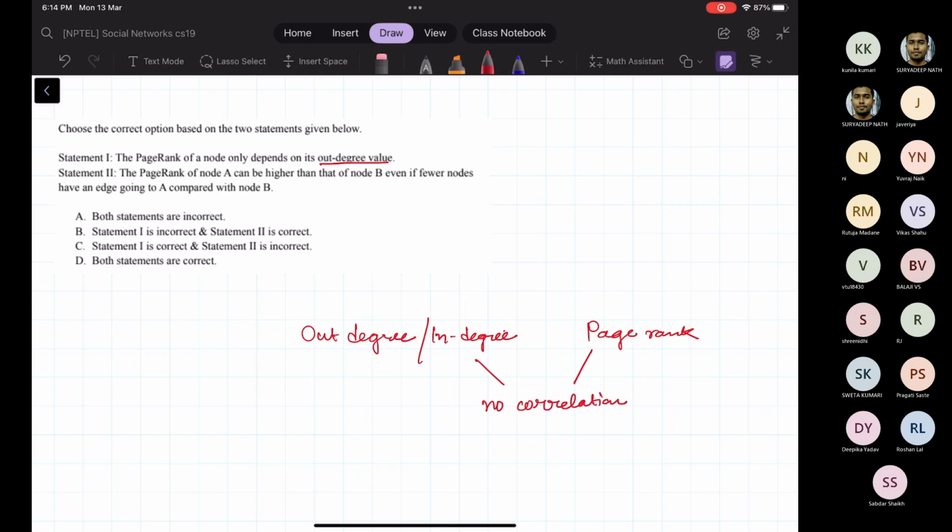If a web page has a higher out degree, it doesn't mean that it also has a higher page rank, and similarly if it has a lower out degree, it doesn't mean it has a lower page rank. There has been no correlation found between out degree or in degree of a node with page rank. So definitely statement 1 is not correct.